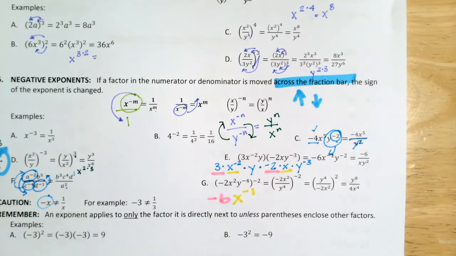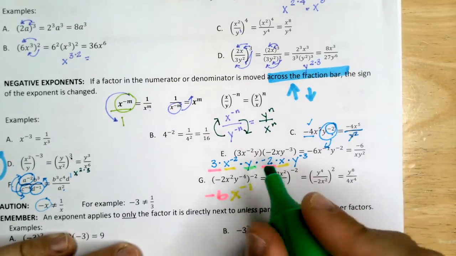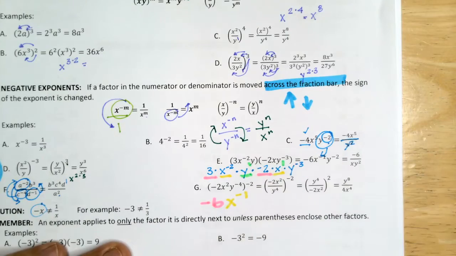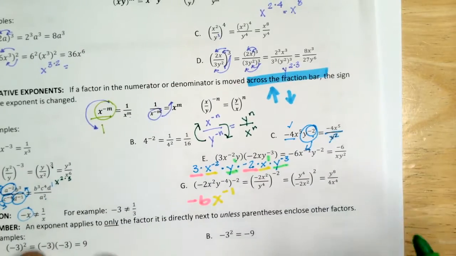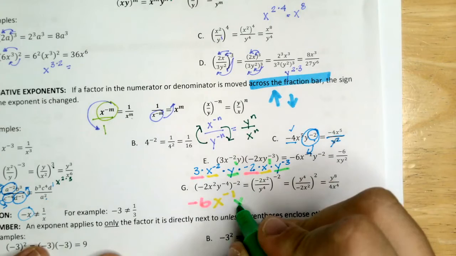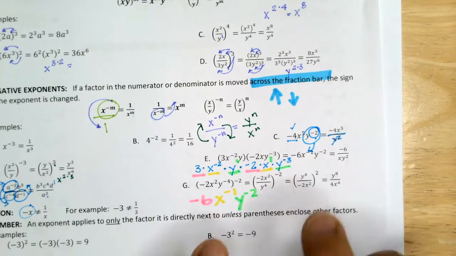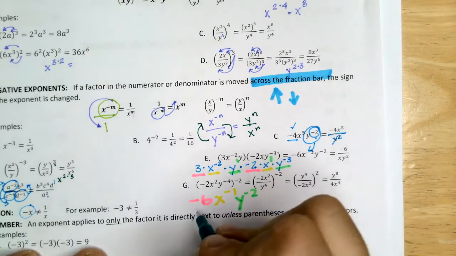Can you see that? Yeah, it's okay. And then y, we have a y to a positive 1, an understood 1, right? Just like that x is an understood 1. And then y to the negative 3. So if we add negative 3 and positive 1, we get y to the negative 2, right? Now, there's no fraction bar, but I can make one.